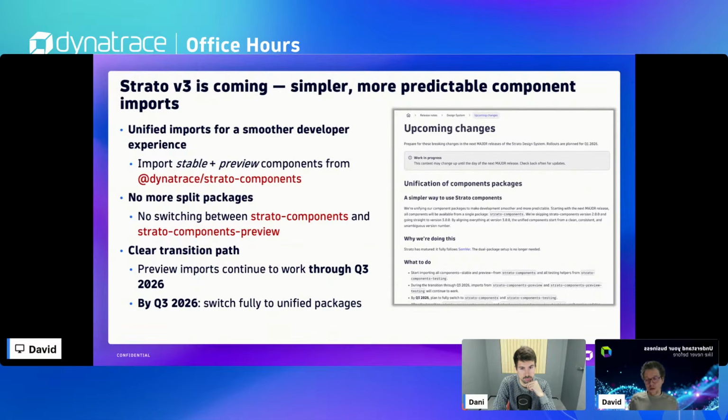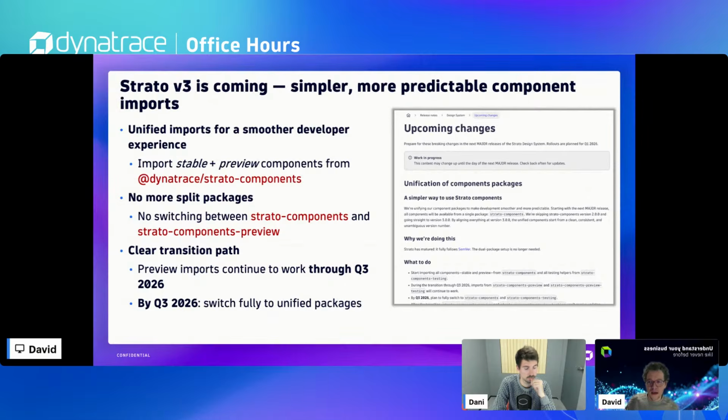You don't have to touch your code right away, because the imports from Strato Components Preview will still work, but they will also start working from Strato Components. This will be possible through Q3 this year. In the end, Strato Components Preview will go away. But the transition for you is super simple. Just go through your imports, wherever it says Strato Components Preview, change the import to Strato Components, and you've essentially done the upgrade.